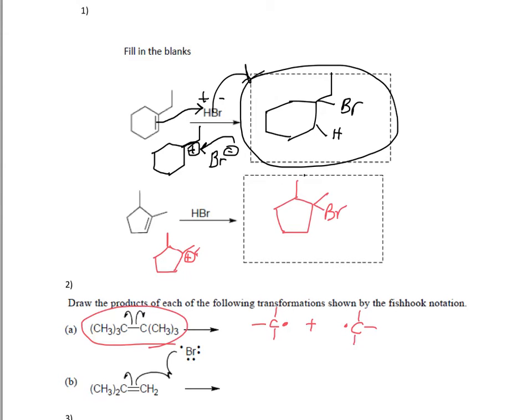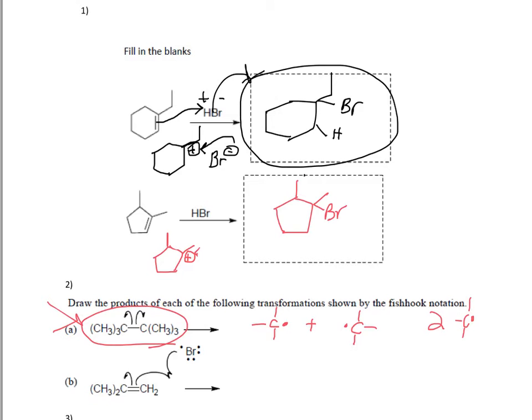So two of those, and you may write that as 2 and then the tertiary free radical, that's okay too. As long as you're showing free radicals at the end of the day to signify that it's a homolytic cleavage, and this is an initiation step because we did not have any free radicals on the reactant side, but we do have free radicals on the product side. That will be your product.